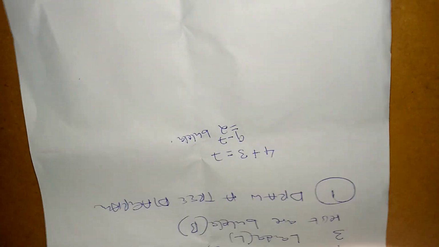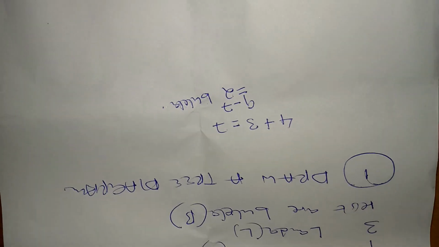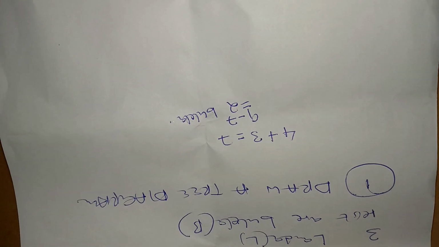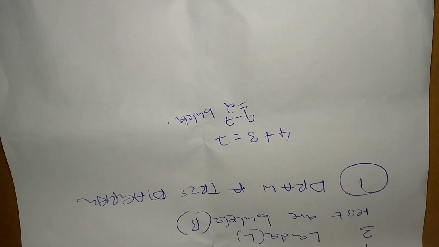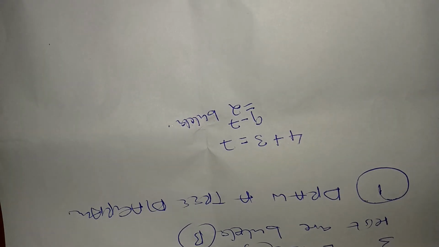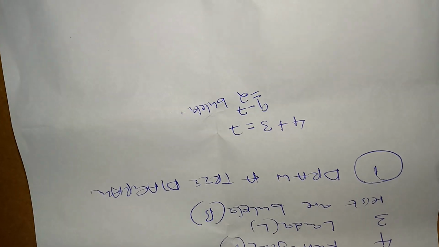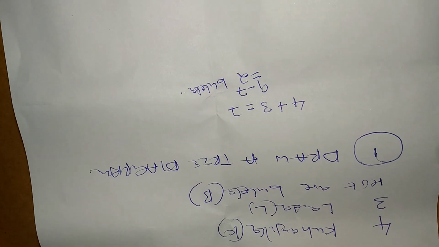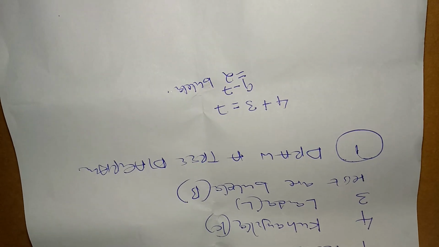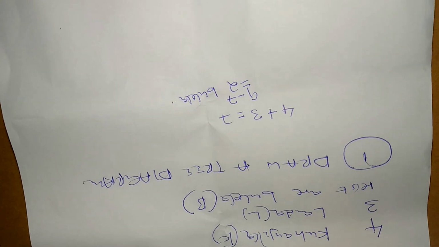Now the question is asking us to draw a tree diagram. Before we draw this tree diagram, we have to understand that we have 3 types of cards that we're talking about here: 4 for Kohanjika, 3 for Landa, and 2 for Ulela.